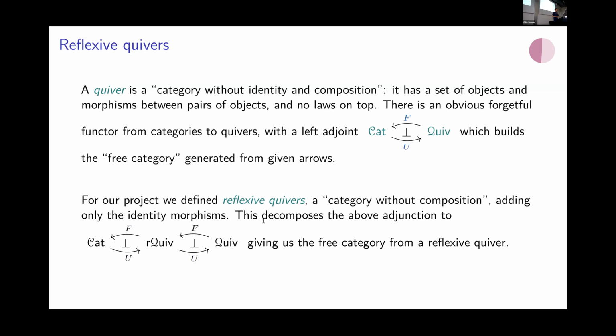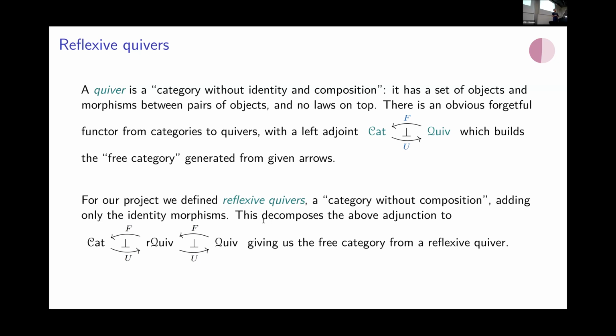And so you can actually do the same thing with reflexive quivers, which puts it in the middle here. So the top half, that was already in Mathlib, but this second part is what we had to introduce. So we defined reflexive quivers, where you have an arrow from a thing to itself. You don't actually have any laws because there's not really much you can say about that, because you don't have the composition law.